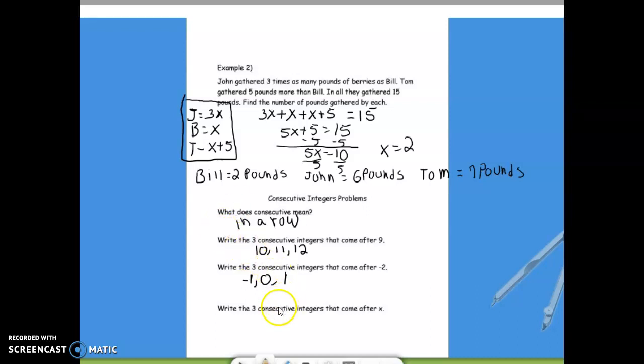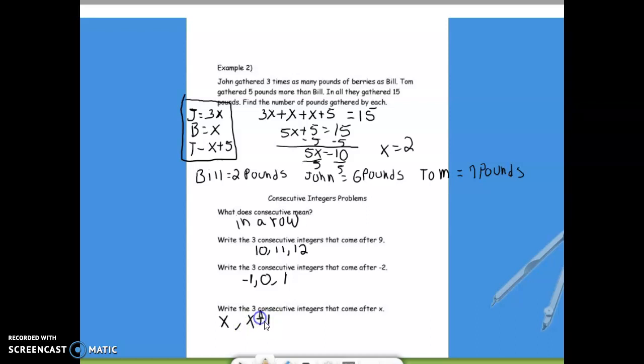Now, let's take these consecutive integers, and if we did not know what they were, and we just called one x, right? So if x was 10, then how would we get to 11 from 10? Well, we would just do x plus 1, right?